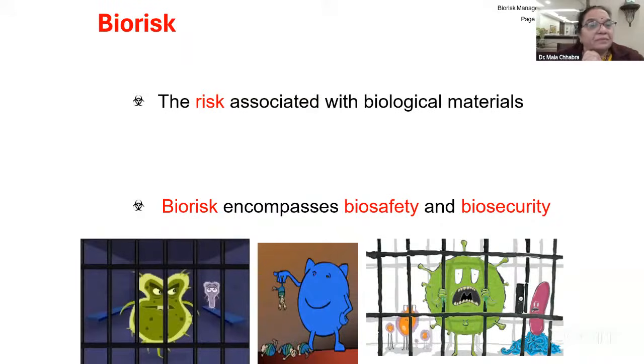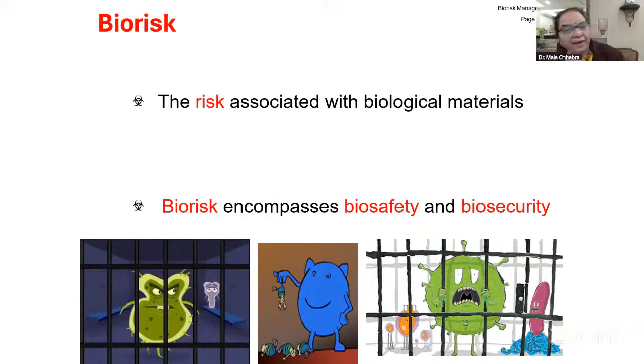Now, what is risk? Biorisk. Biorisk is associated with biological materials. We have just understood that, and it encompasses biosafety and biosecurity. Now, can you differentiate between biosafety and biosecurity? Think of what is biosafety. So, biosafety, as we've said, is saving ourselves, human beings, from dangerous organisms or dangerous infectious material.